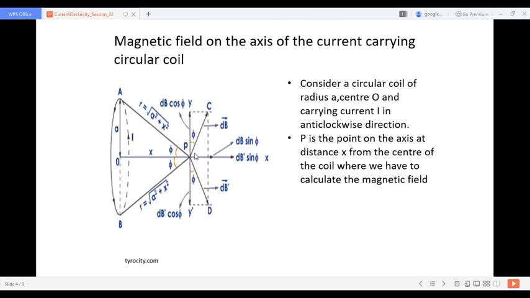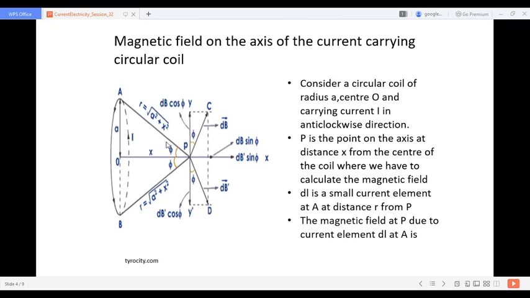Consider P as the point on the axis of the coil at a distance x from the center O. At point P, we have to calculate the magnetic field. Consider a small current element dl at the point A at a distance r from the point P.